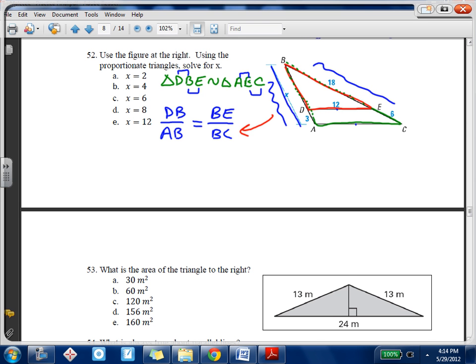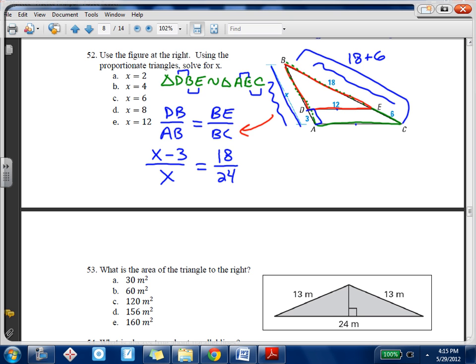So if we drop it, how much shorter? It's 3 shorter. So the DB part is x minus 3 over AB, which is the x value, equals BE, which is going to be 18. And then BC, notice, is the entire piece. So it's going to be 18 plus 6. So it will be 24.